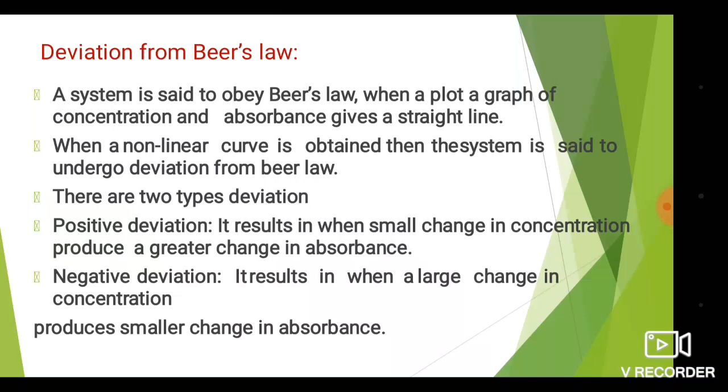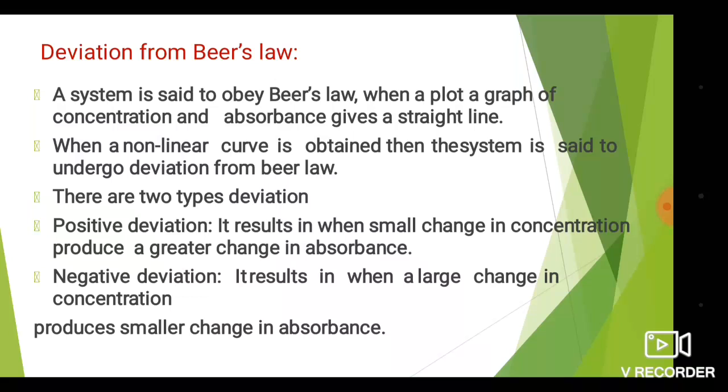Then what is positive deviation? It results when a small change in concentration produces a greater change in absorbance. That means there is no linearity between absorbance and concentration; absorbance increases more when there is only a slight change in concentration.